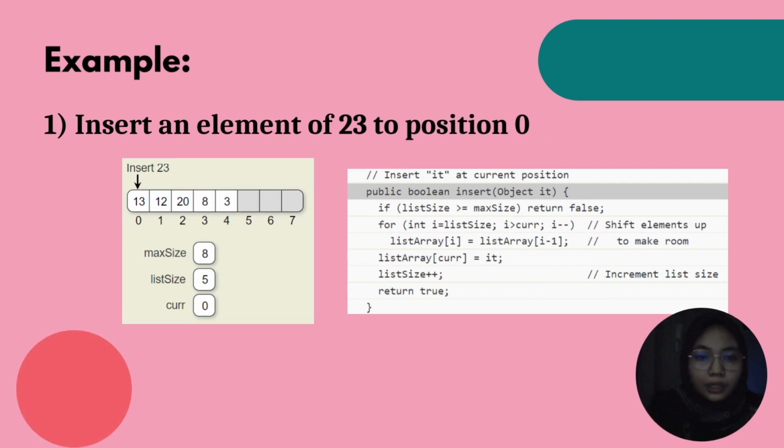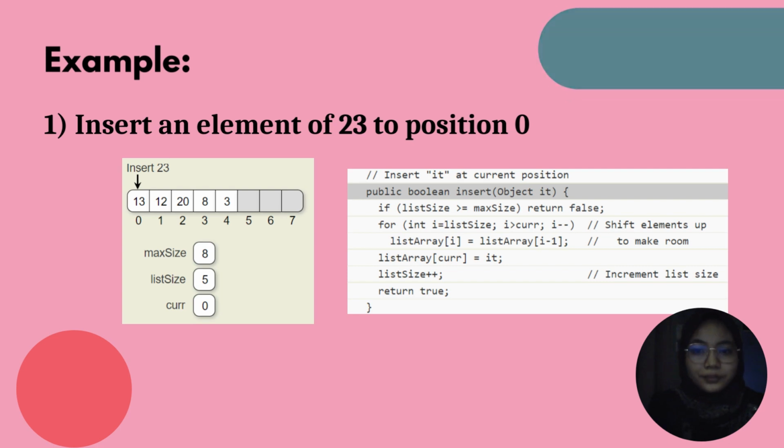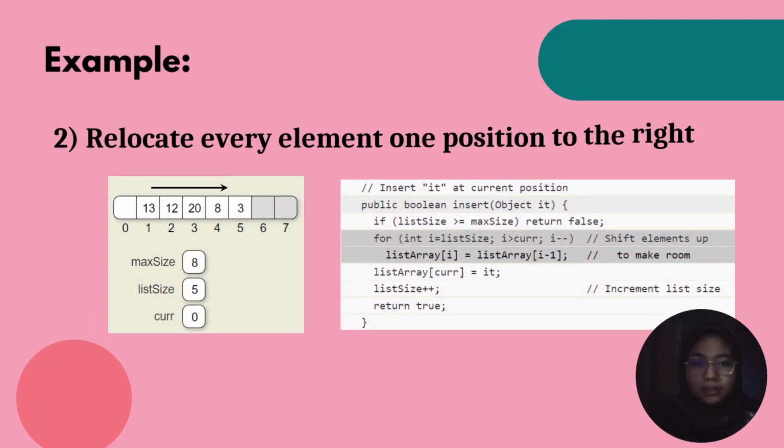For example, right here we have an array-based list with 5 elements. We are going to insert an element with value of 23 to the position of 0. We can see clearly in the notation given here. Next, all of the existing elements will be shifted one position to the right to make room for the next data to be inserted into the list.